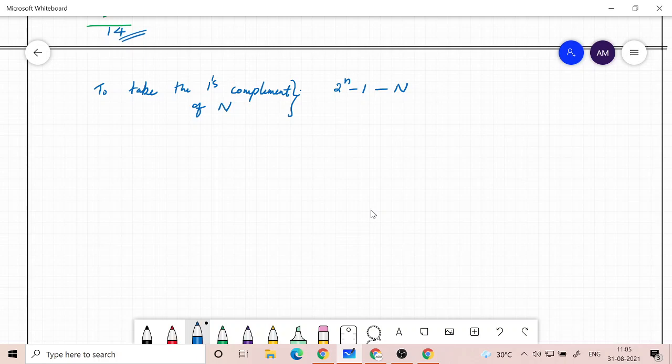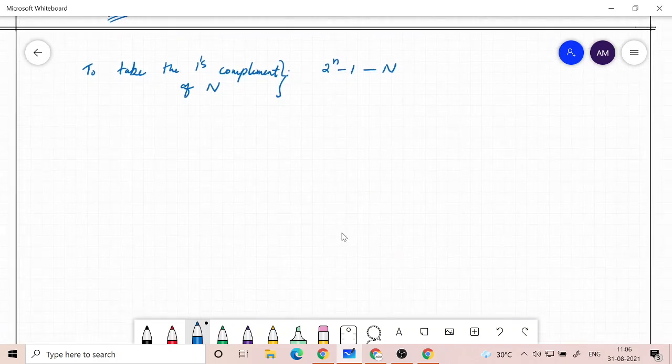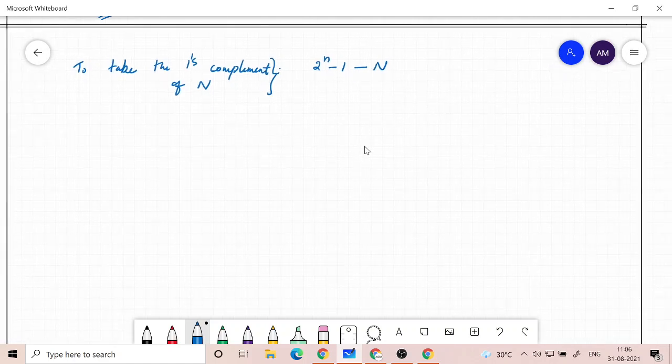So here it is 2 raised to n; earlier it was 10 raised to n, because that was for decimal numbers where the base is 10. Here it is 2 raised to n minus 1. The same procedure is what we need to do. You may think you need to do subtraction, but actually it doesn't require subtraction. That is the whole idea of making things much easier.